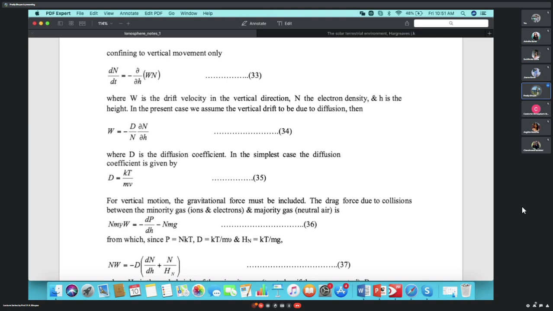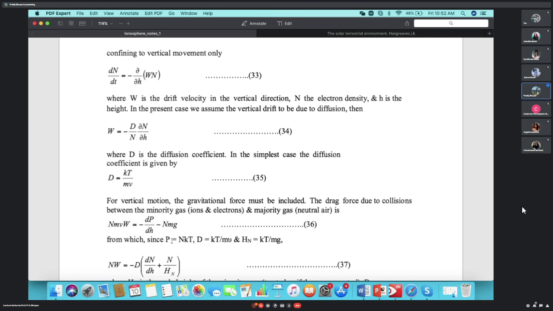So what happens then, because we are now bringing in the effect of gravity, NmV w is equal to minus dP by dh minus Nmg. We are bringing in this term, Nmg, because of gravity.